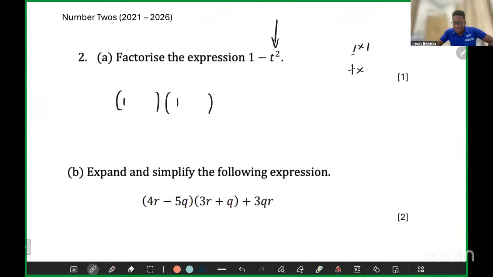We know t times t will give us t squared, so we put a t here and a t here. For difference of two squares, in one bracket you add and in the other bracket you subtract. As easy as that, 1 mark to get the blood flowing. From the time you see two terms and they're subtracting, just factorize as difference of two squares.